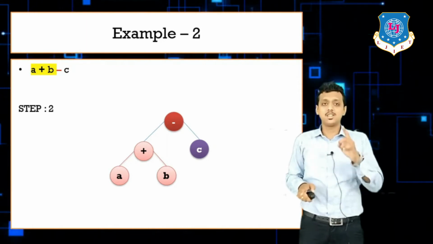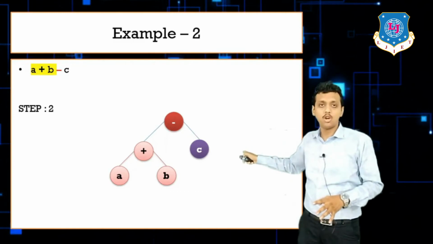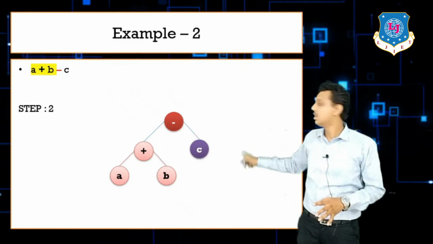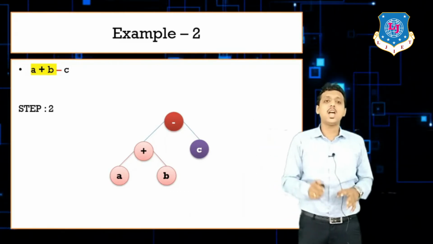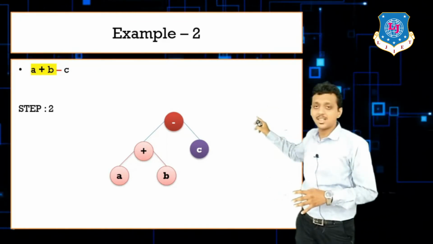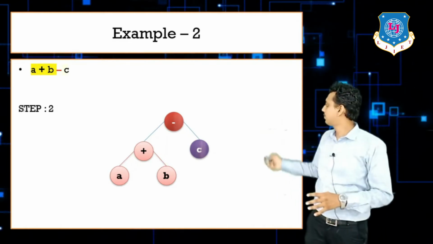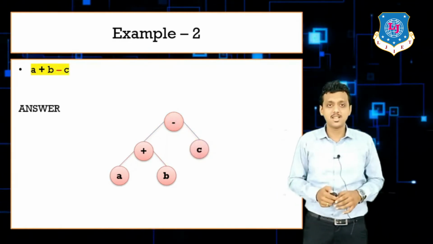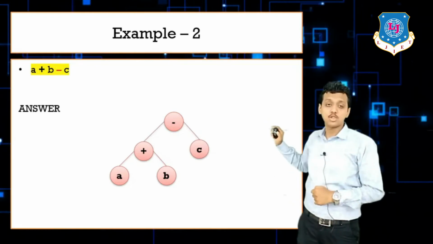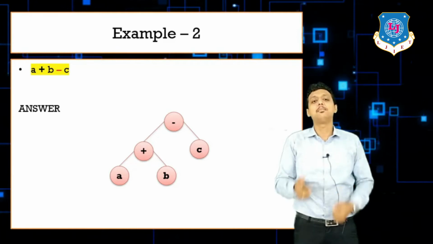So I always try to explain that we are just connecting with the root node of the previously solved term. In our previously solved term, we have plus as our root node. That's why the minus left link is going to connect with plus. So this becomes your final answer, where minus becomes your root node. Here it is plus, then c, then a and b.